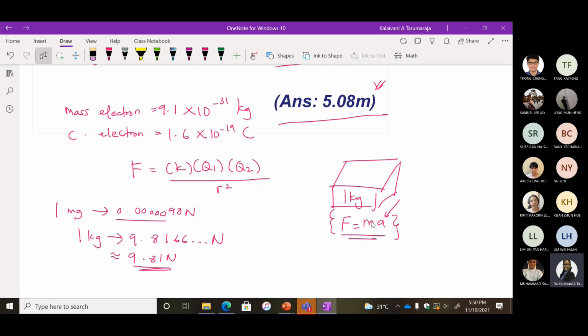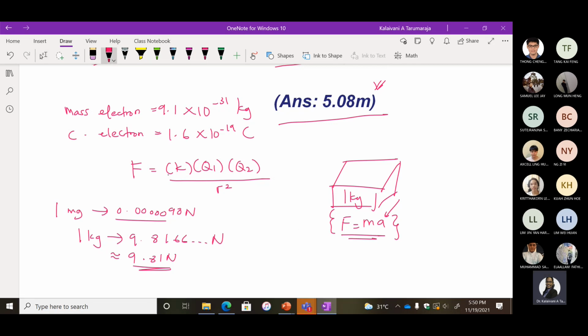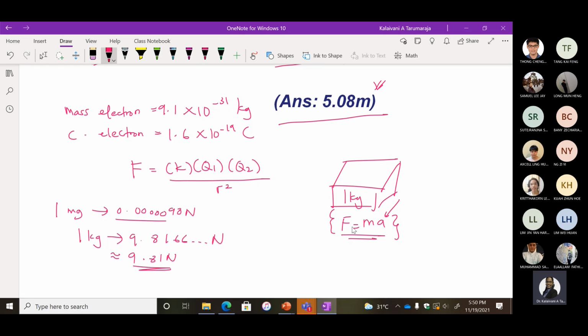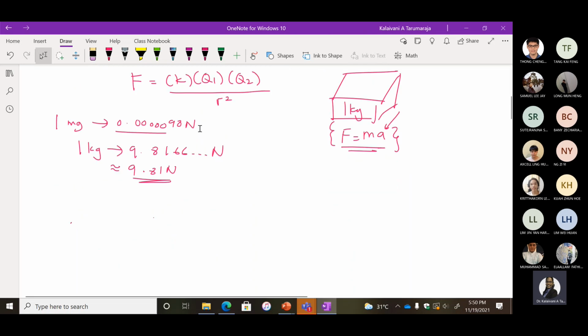From here we can identify the force, using the mass and the acceleration. Once you understand this basic equation, you can continue with the next part.